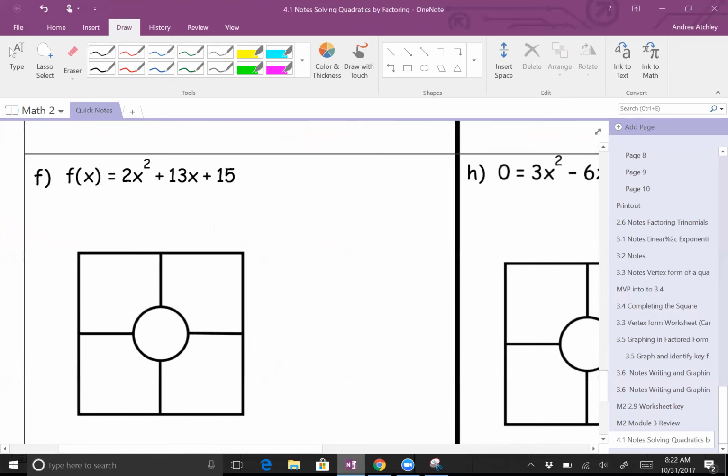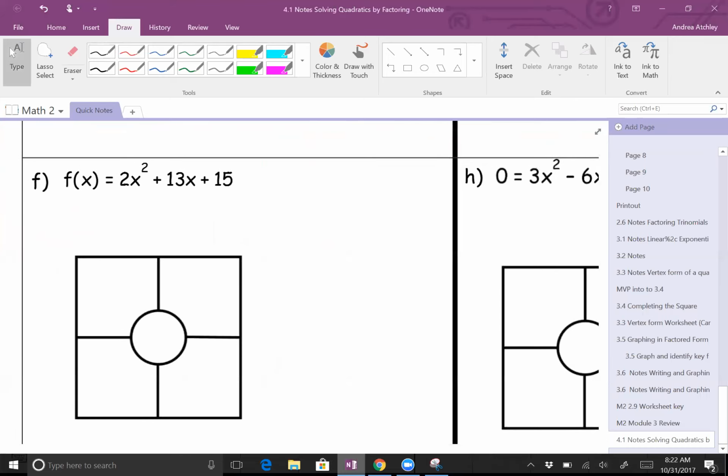Okay, I'm going to have you guys do this in your pairs. Solve it, factor it, and solve it. So we had our 2x squared, 13x and 15.